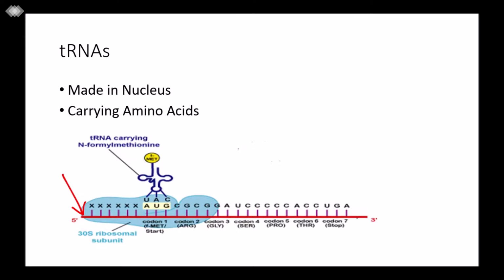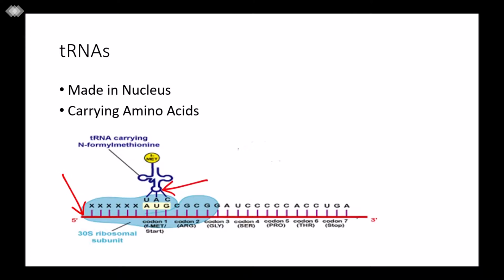However, the tRNA will place itself onto the P site, aka the peptidyl site, which is crucial in the process of initiation because this tRNA and other tRNA will have an anticodon.